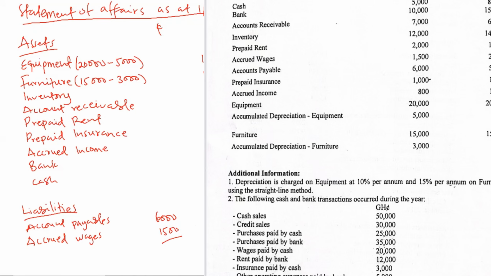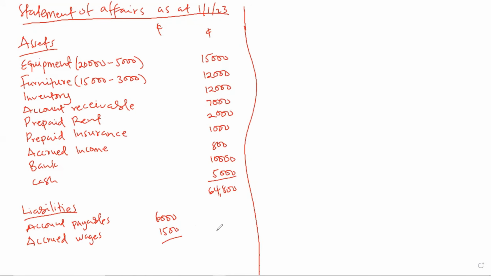We add these two to get 7,500. Then we subtract these liabilities from the assets, and we have 57,300. So this 57,300 is our capital. We write opening capital, or capital as at 1st January 2023. We are done.